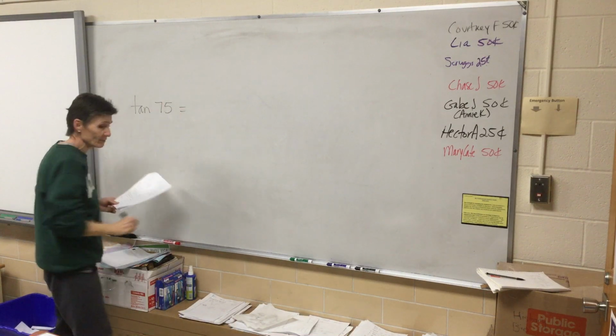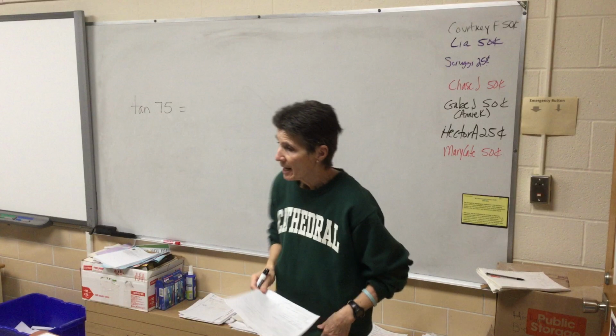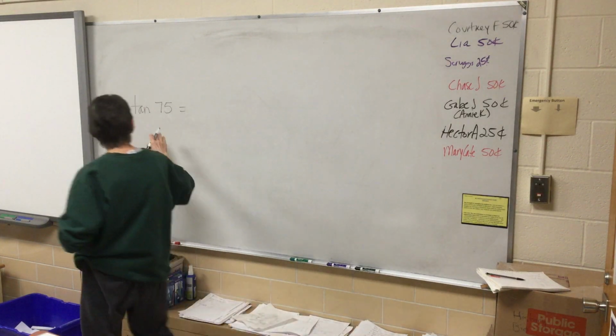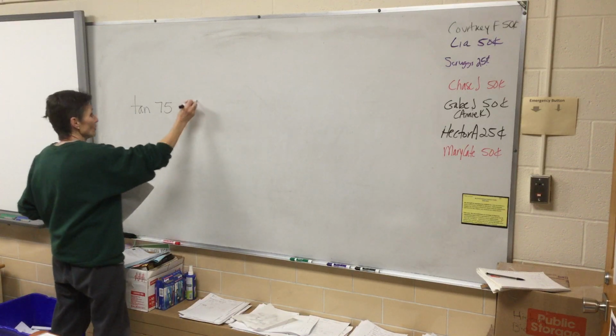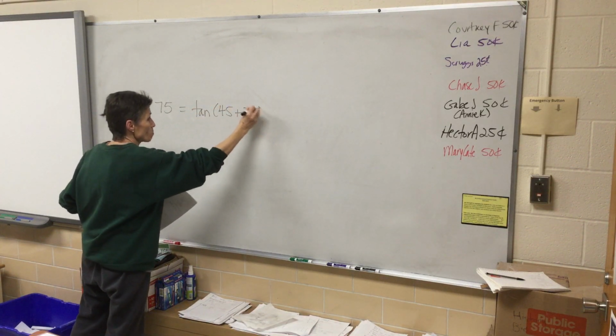Now remember, you're going to have a note card, and the note card is going to have a formula on it that is going to allow you to handle the tangent of 45 plus 30.